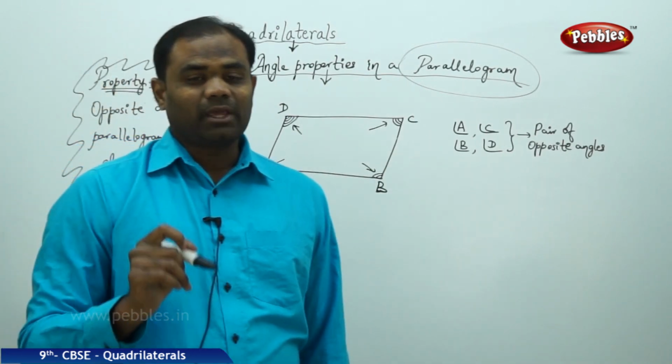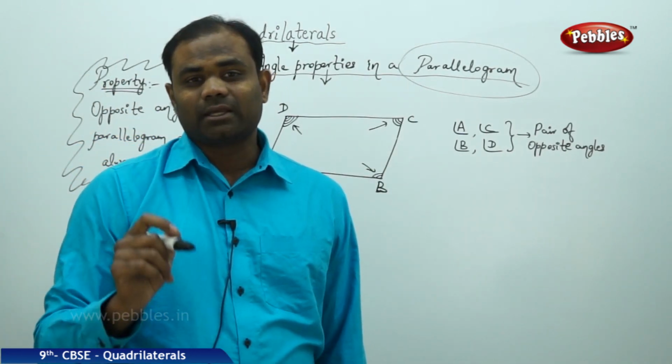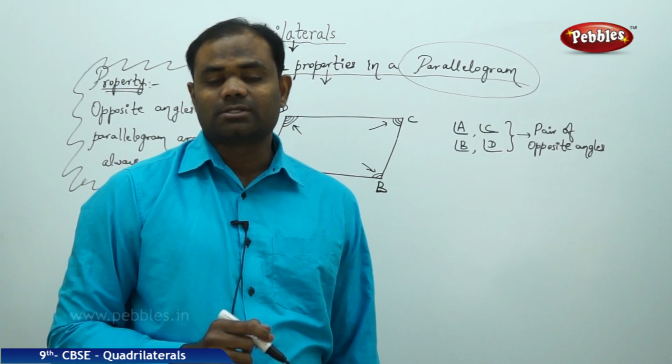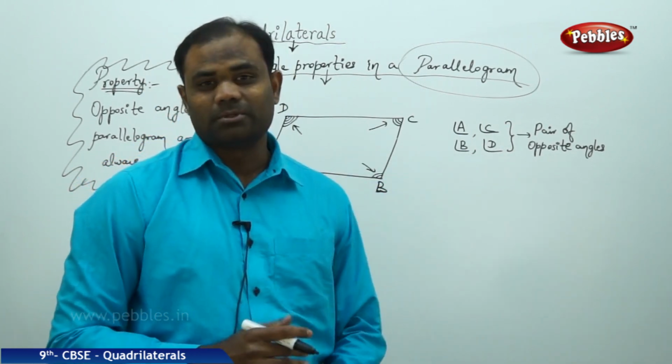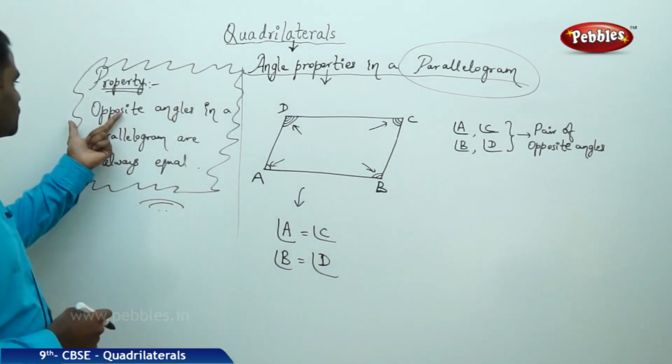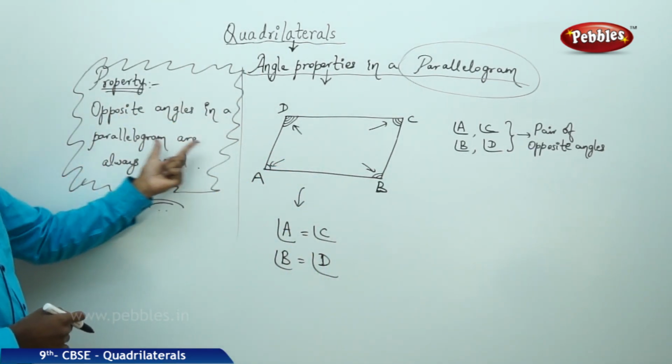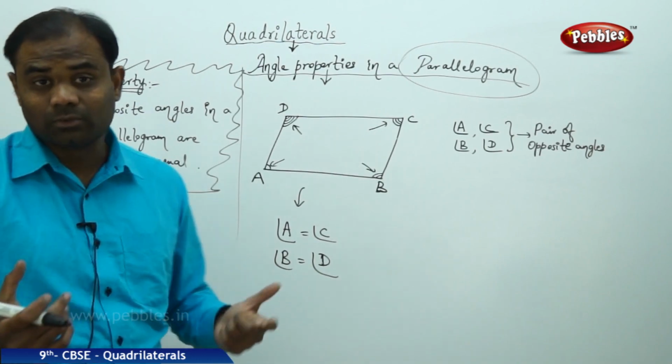For a parallelogram ABCD, opposite angles must be equal is how we understand the property connecting the opposite angles. Opposite angles in a parallelogram are always equal. Now let's see the converse of the previous session. Today's session is about the converse connected with the angle properties in a parallelogram.